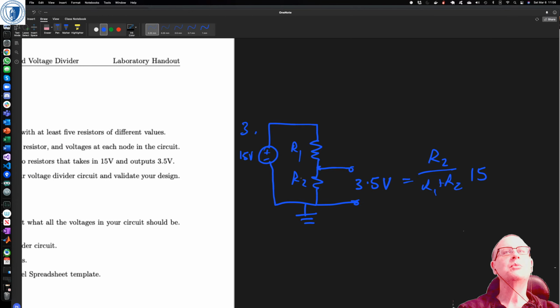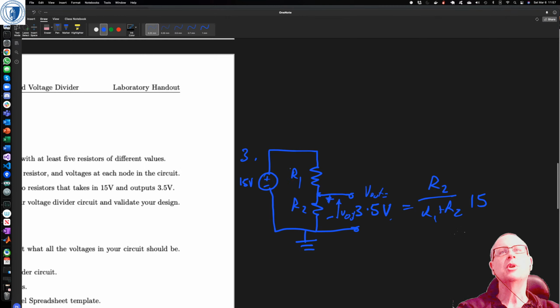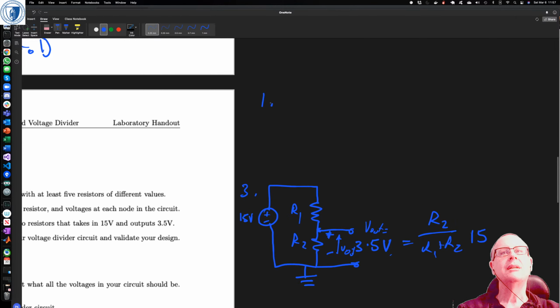You've got a voltage source, and I would expect to see a V out defined here, with the positive side here and the negative side here, and then V out is equal to 3.5 volts, and that's equal to R2 divided by R1 plus R2 times 15.